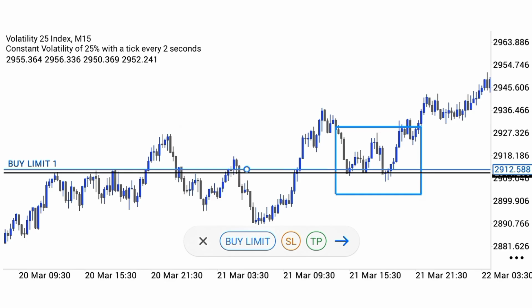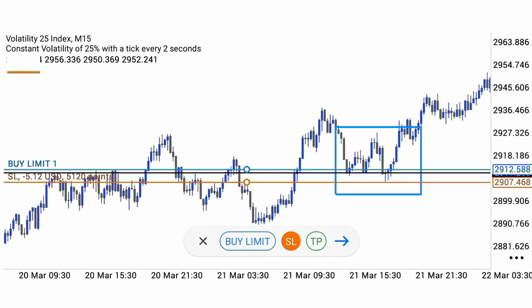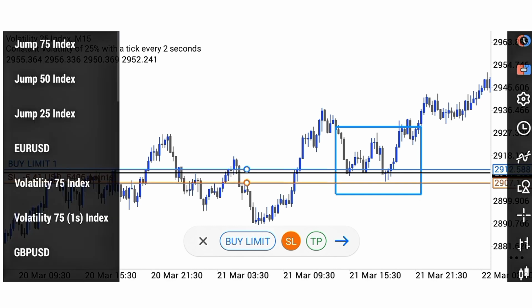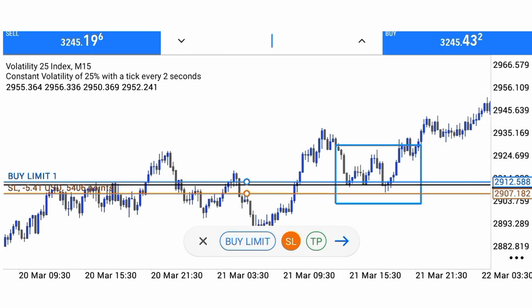So in a situation like this, you take a trade and place your stop loss here. You can choose any lot size you want depending on your risk. Let's imagine I want to risk about $40 for this trade. First I'll look for the lot size that satisfies my trade.